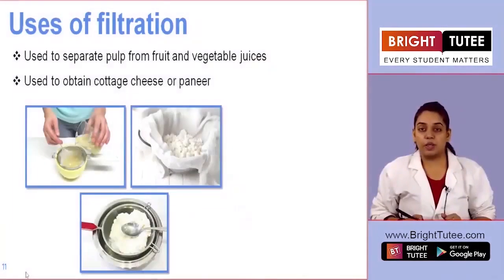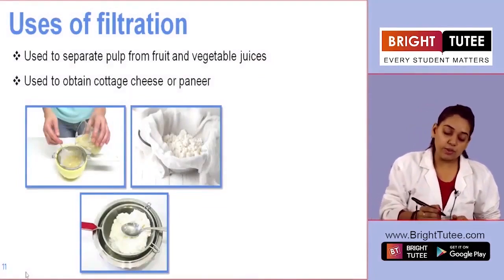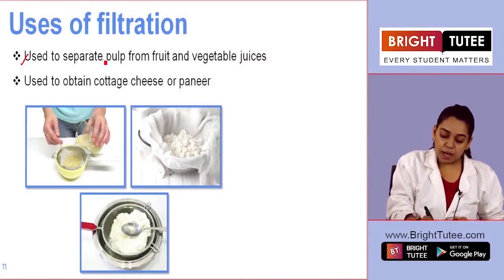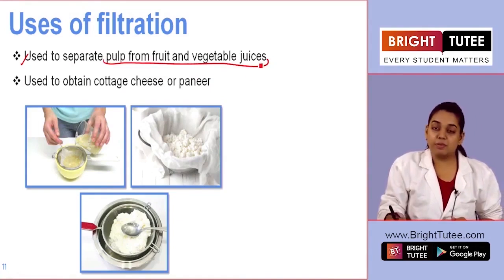So students, this is the way filtration is carried out, and let me also tell you the other areas where we need to carry out the process of filtration. Filtration is used to separate pulp from fruit and vegetable juices.